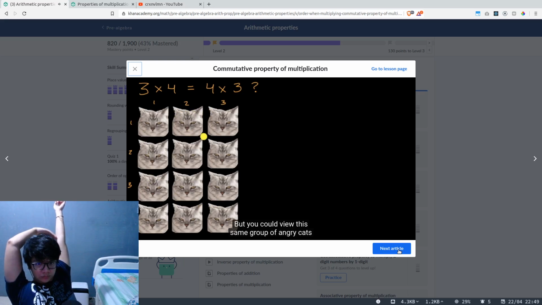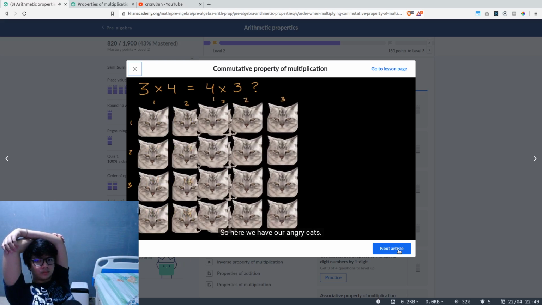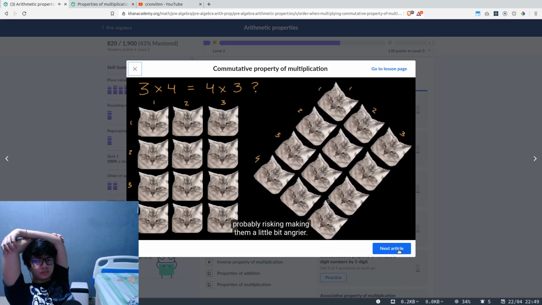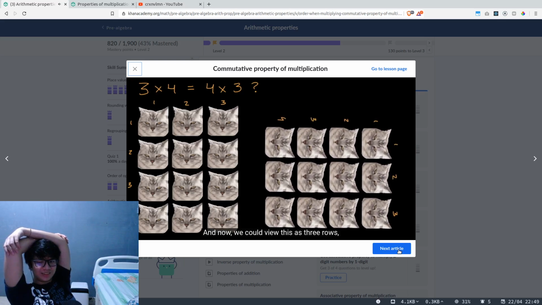But you could view this same group of angry cats with a slightly different perspective. So here we have our angry cats. And then let me rotate our angry cats, probably risking making them a little bit angrier. Let me move them back in. And now we could view this as 3 rows, 1, 2, 3, of 4 cats in each row.